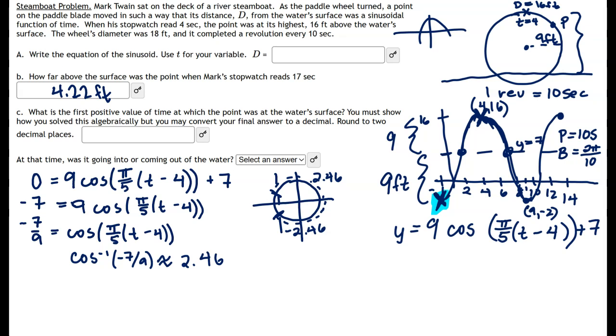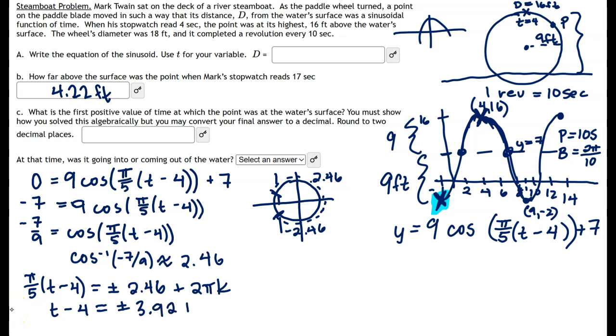Okay, so we're going to say that pi over 5 times (t minus 4) is plus or minus 2.46. And then we can multiply both sides by 5 over pi. Oh, I'm sorry, I need to write my 2 pi k at the end here. So we will get plus or minus 3.92-ish, and then this is going to be plus a 10k.